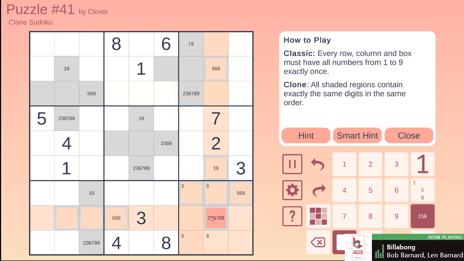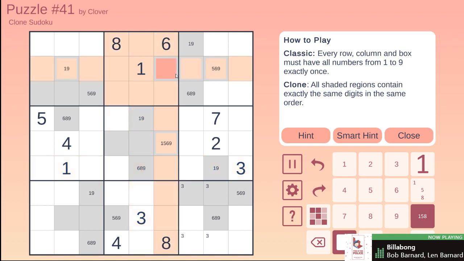Well, we already know this can't be a 3 because there's a 3 looking at it. We also know it can't be a 2 or a 7 because there's a 2 and a 7 looking at it. Which means it's a 6, 8, 9. Are there any issues with the 6, 8, 9? I don't see any. Okay, that's fine.